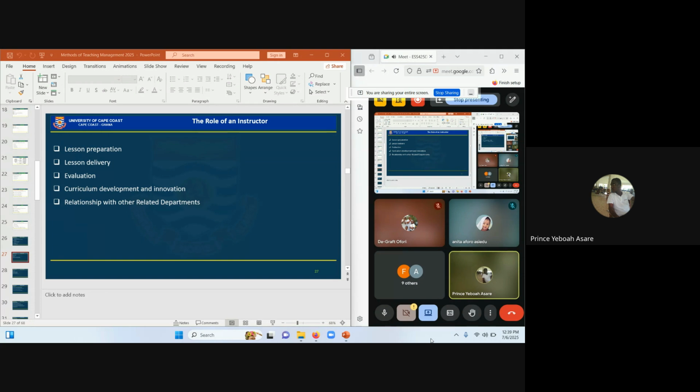Sometimes there are some changes that must be made in the curriculum. Yesterday you were told that if some topics are meant to be taught before others, then the teacher must do that. And that is part of development and innovation.